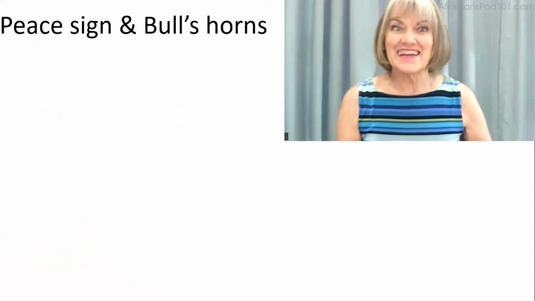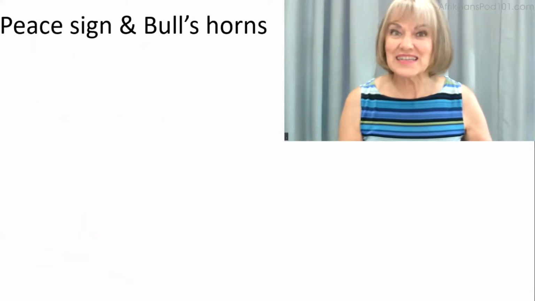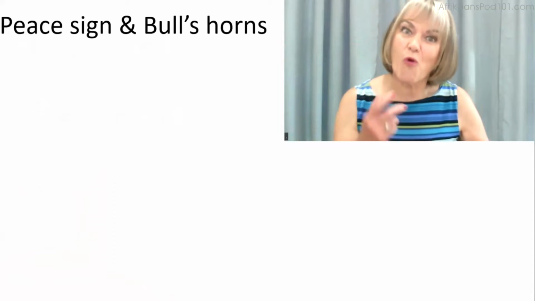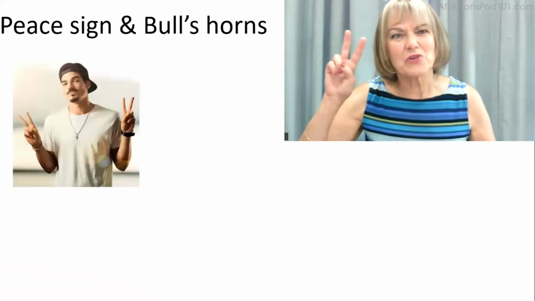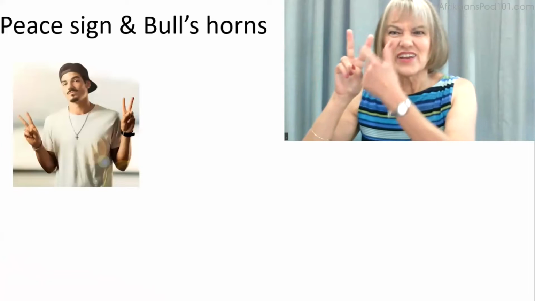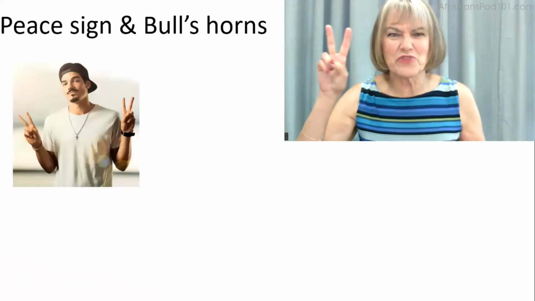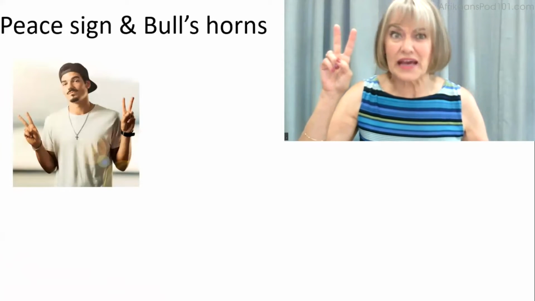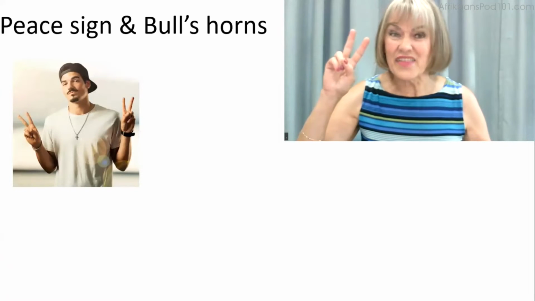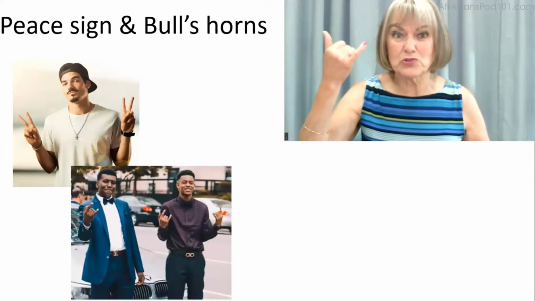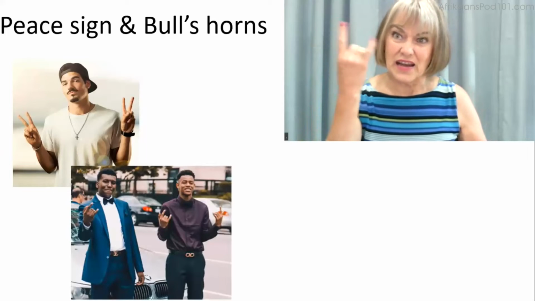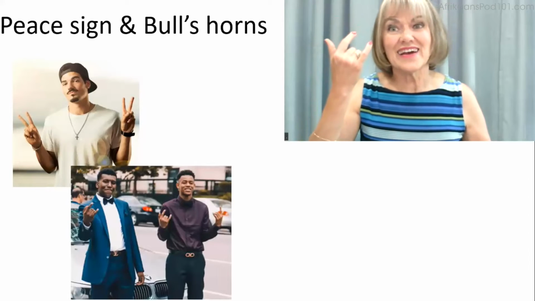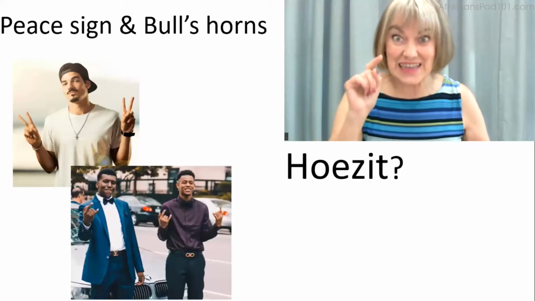Then we have the peace sign and the bull's horns. This is now more for the rap culture, the young people, and they will do the peace sign, which is connected to the V for victory, and eventually became a peace sign. The other one that is connected to it is the bull's horns, which is something like this, or it can be like this. And in Afrikaans, this is a slang word, by the way.